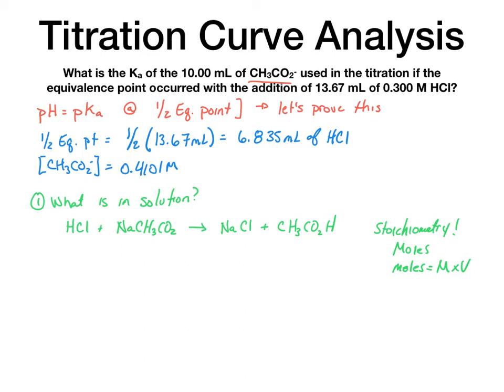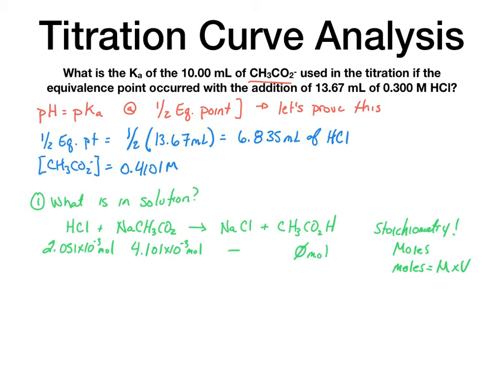And so at the half equivalence point, I find that I have added 2.051 times 10 to the minus 3 moles of HCl. I have 4.101 times 10 to the minus 3 moles of sodium acetate. I don't care about my NaCl, and I start with no acetic acid.